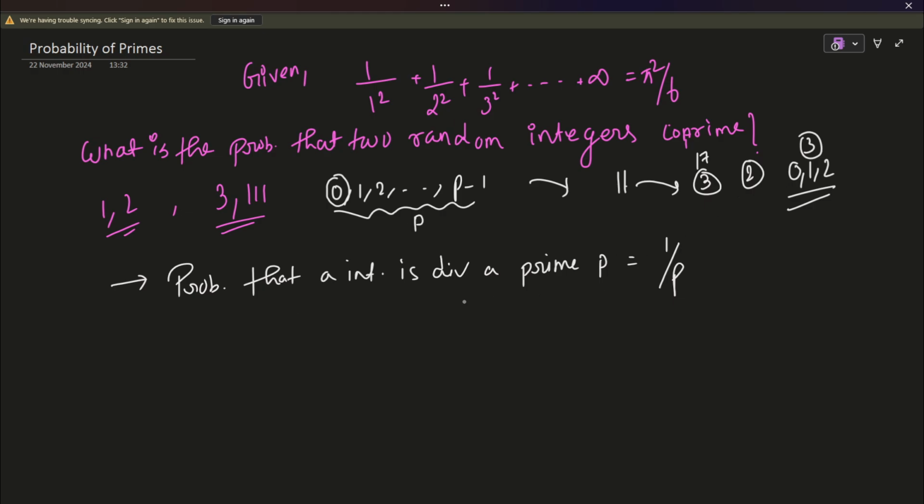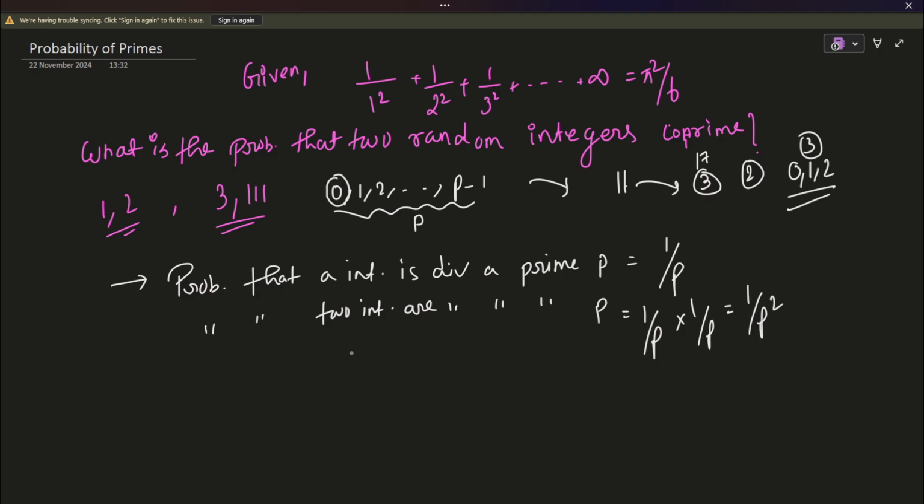Now, the probability that an integer is divisible by prime p is 1 by p. That means the probability that two integers, taken randomly and independently, are both divisible by a prime p is 1 by p into 1 by p, which is 1 by p square. So that is the probability that two integers are simultaneously divisible by a prime p.